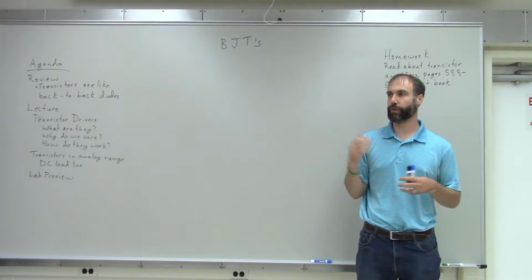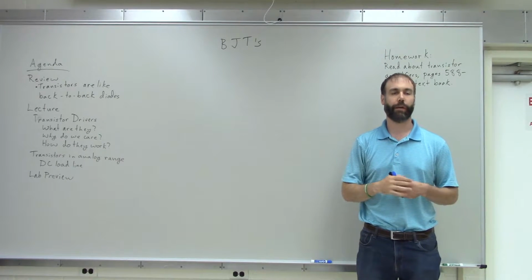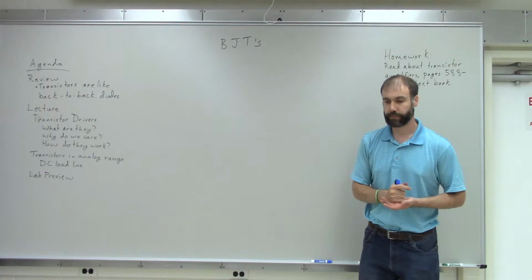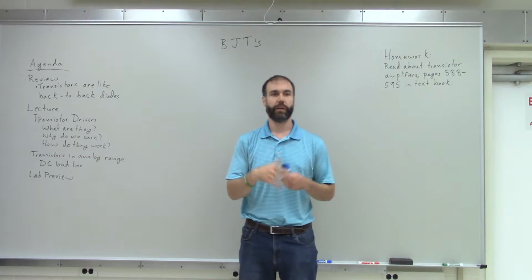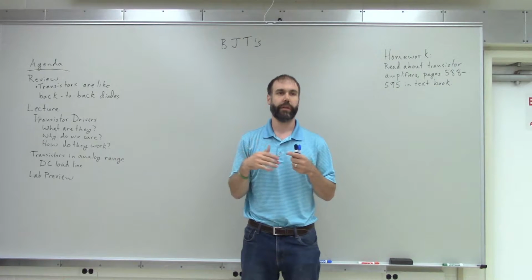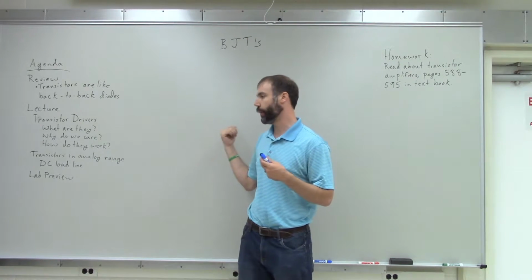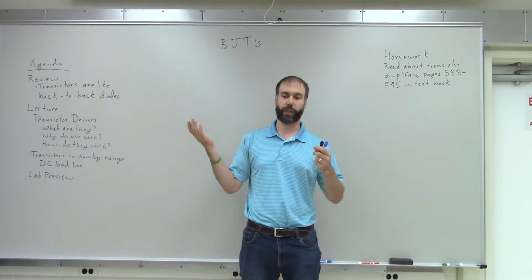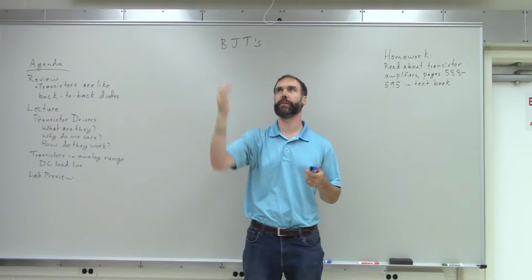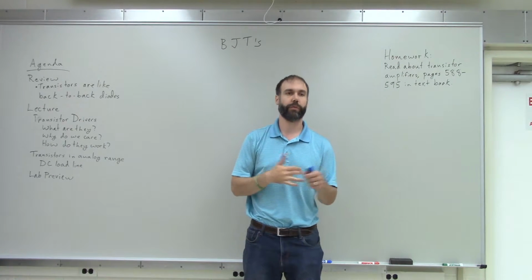Well, the microcontroller is not going to have anywhere near enough current to power a big light like you have overhead. So you need to have something in between. You can use a transistor in this case. You can turn the transistor on with the small amount of current from the microcontroller, and then the transistor can control the large amount of current that it takes to power a light, or a motor, or whatever you want.